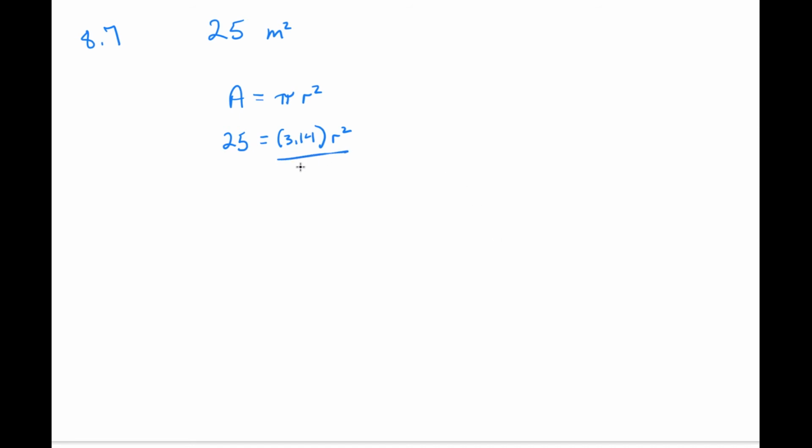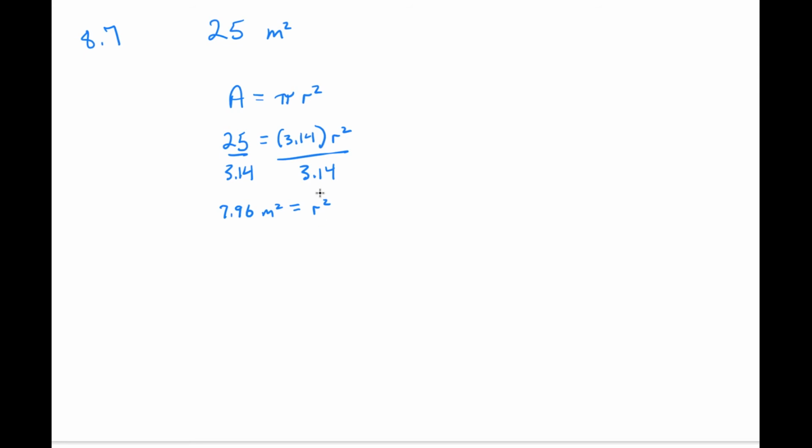So we can divide both sides by 3.14, right? And we end up with 7.96 meters squared equals radius squared.